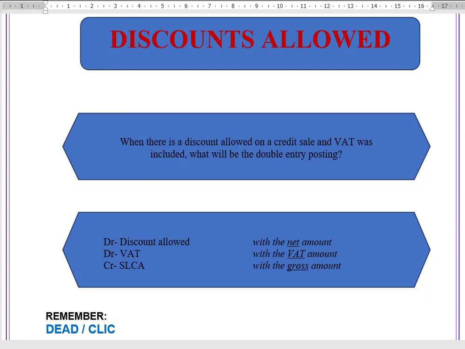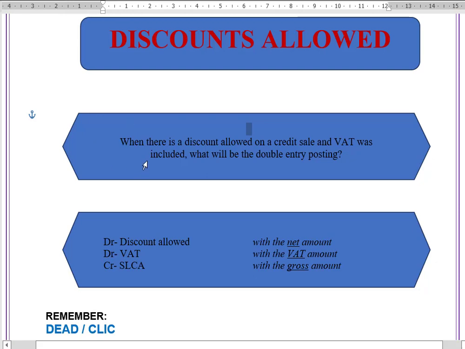And then, of course, you have to be able to account for the double entry for the discount that that customer has taken up. It says to us, when there is a discount allowed on a credit sale and VAT was included, what will be the double entry posting?